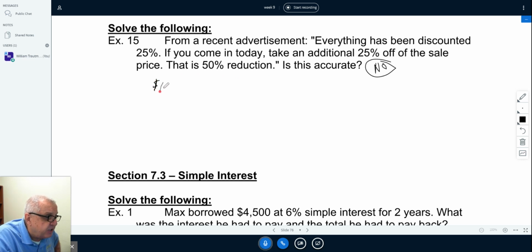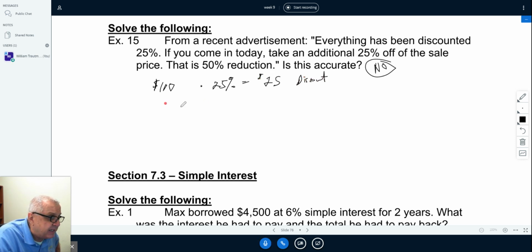If I have $100 and I want to take a 25% discount, I have to multiply this by 25% on my calculator, and I get $25. This is how much of the discount is.